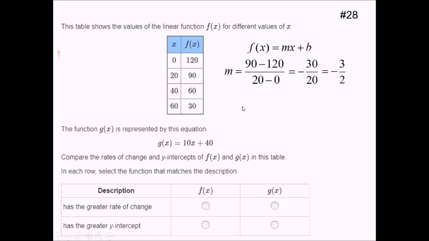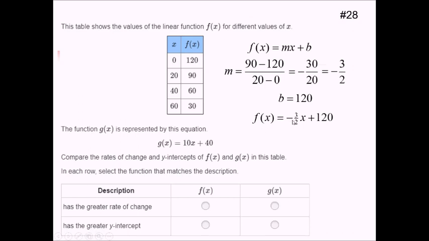And now for the y-intercept, that's going to be wherever x equals 0. And it looks like where x equals 0, that's going to be 120 for the y-intercept, for the b value. So I can write this as f of x equals negative 3/2 x plus 120. Okay, so at this point, let me compare the rates of change. For g, I have a rate of change of 10.